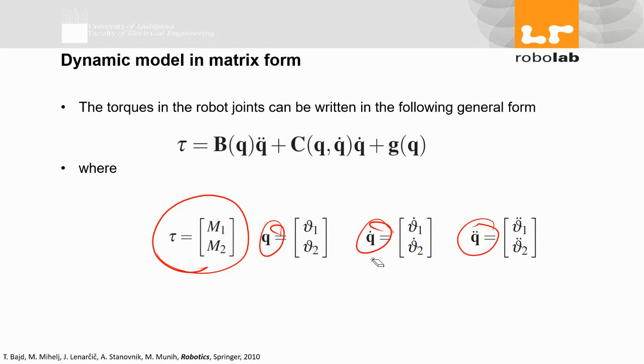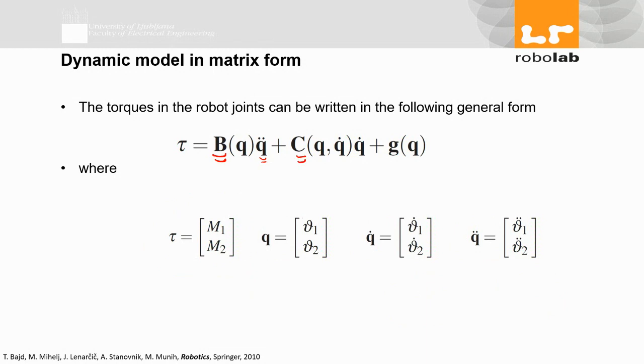Ideally the relationship should be something like a matrix B times the second derivative, plus a matrix C times the first derivative, plus G as a constant term.